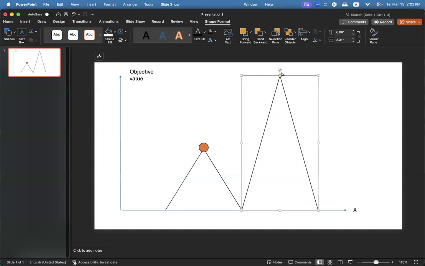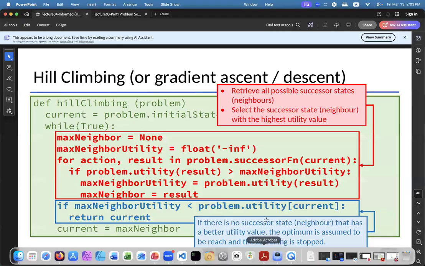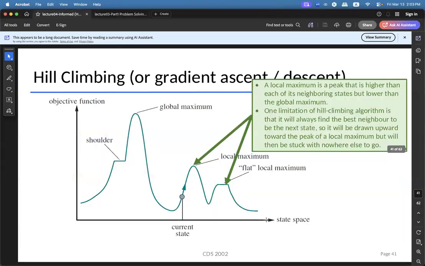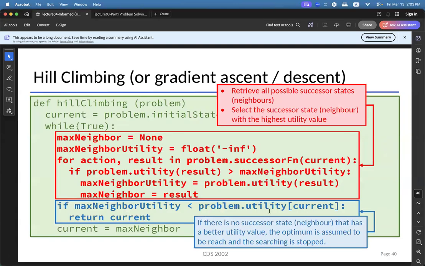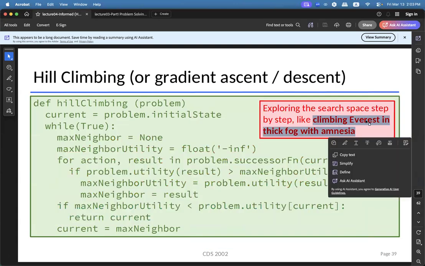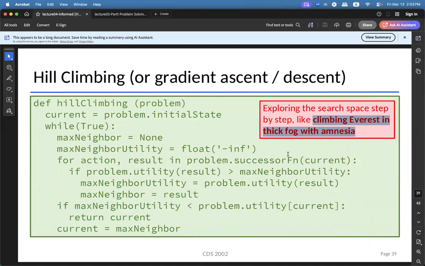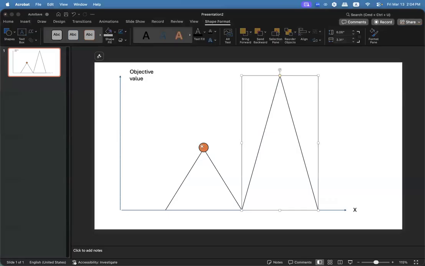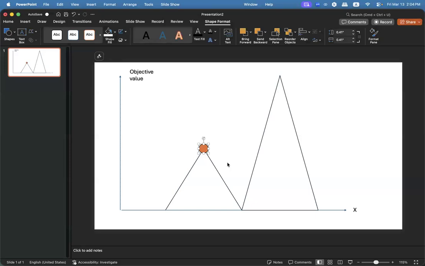You may find in the PPT I set a statement: essentially, climbing in fog with limited vision. It says that you are climbing the mountain without a strong eyesight. The reason is that when you decide whether to go left or go right, you are using localized information.